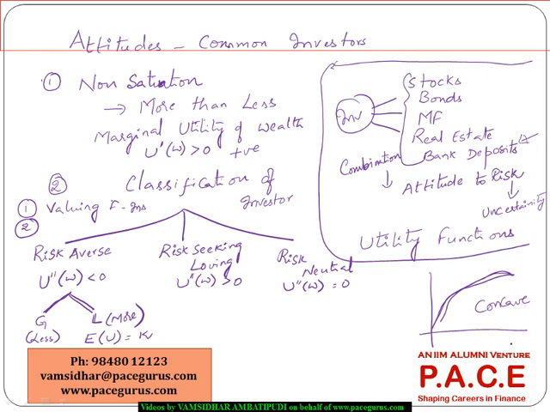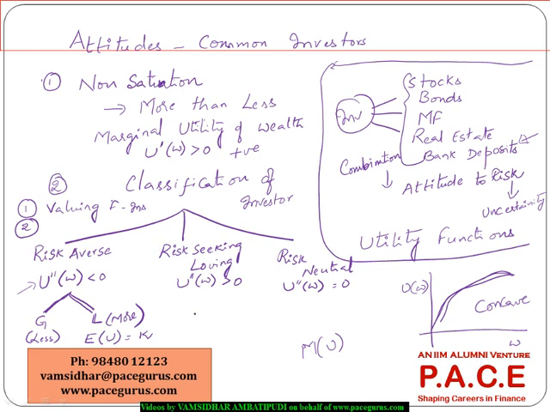If I am taking wealth here and utility of wealth here, the marginal utility decreases. That's the reason the second derivative, the change in the marginal utility, is negative. Marginal utility decreases with wealth, and that is the characteristic of a risk averse investor.